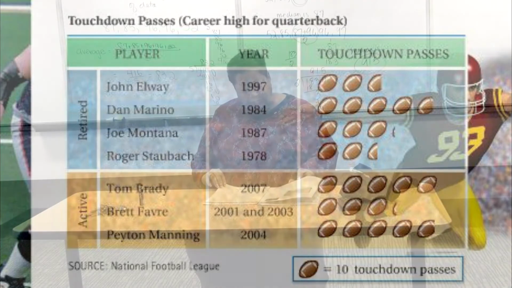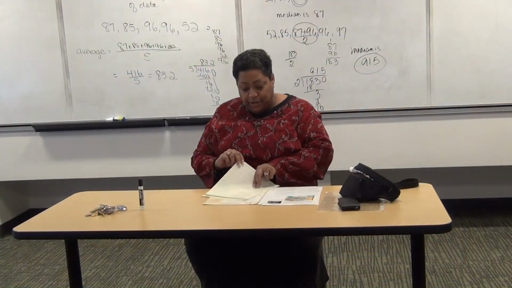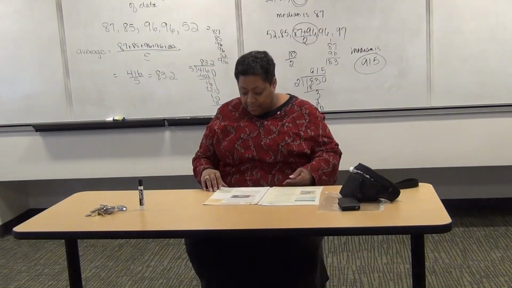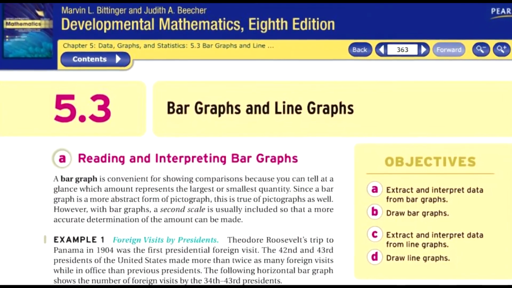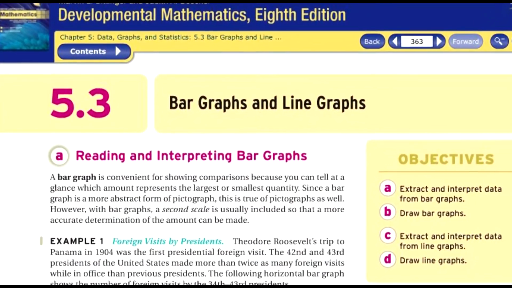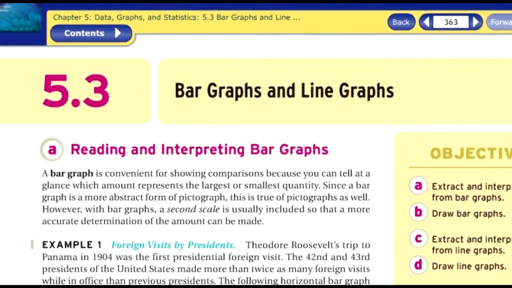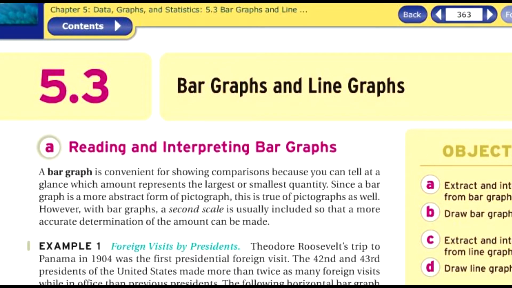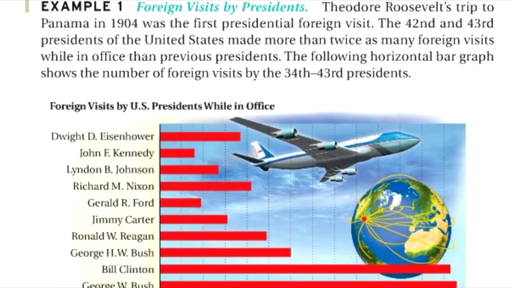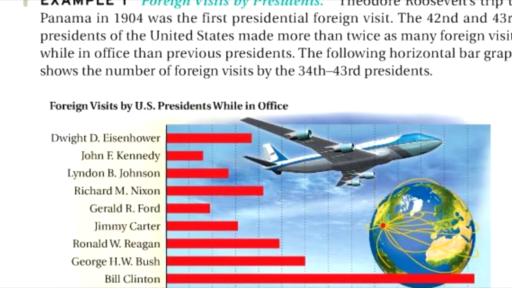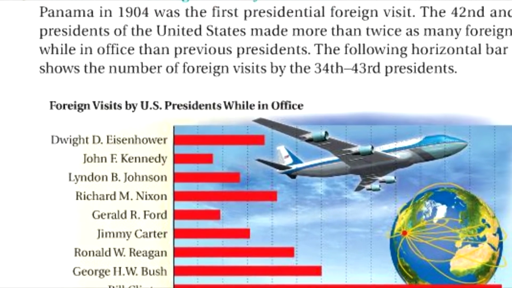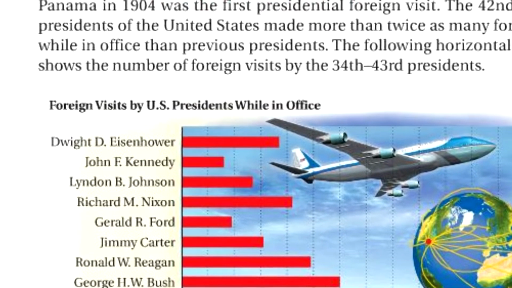Now, let's turn our books to page 363, where we will talk about the bar graphs and the line graphs. If you notice right here, this first graph in example 1 is an example of a horizontal bar graph.